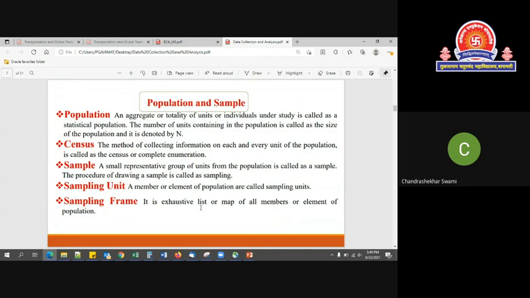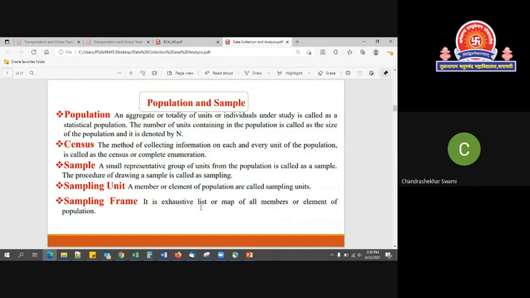It may be all types of books in a library, all types of trees in a certain forest, all types of insects, or some bacteria on some plates. This is a population.